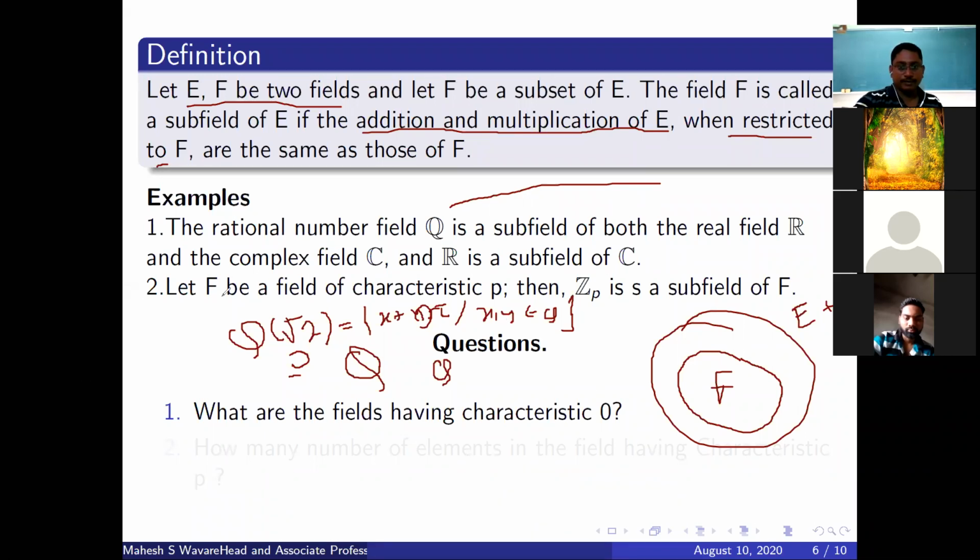If F is a field of characteristic p, then its base field is always Z_p. Base field does not mean that F must be Z_p. It is not like that. Z_p is always a subfield of it. It may be equal to Z_p, but Z_p is the base field. Nothing lies inside Z_p.